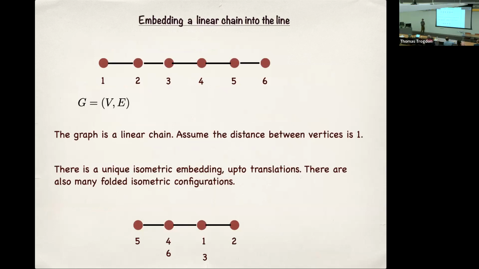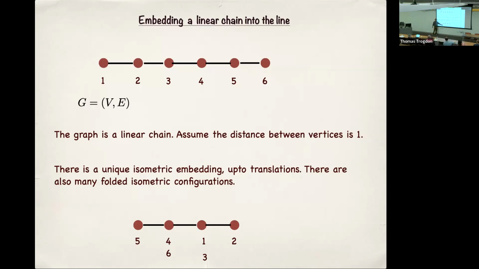Here's a simple example of how the scheme works. I'm going to pick a slightly more complicated model than the one I showed you. I'm going to take a linear chain as my graph, and put it into the line. Each of these points is supposed to be a unit distance apart. But I'm just solving the system of algebraic equations, and I'm not going to assume that my solution should be one-to-one.